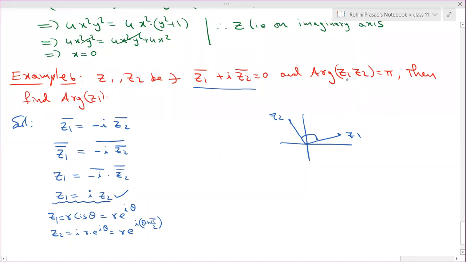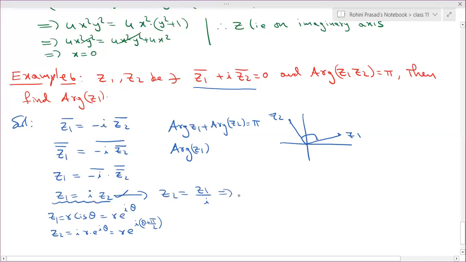But they have given the argument of Z1 Z2 equal to pi. So the formula for argument of Z1 Z2 is argument of Z1 plus argument of Z2 equal to pi. But argument of Z2 is 90 plus argument of Z1. So the argument of Z1 plus argument of Z2 we need. So Z2 equal to Z1 by i.